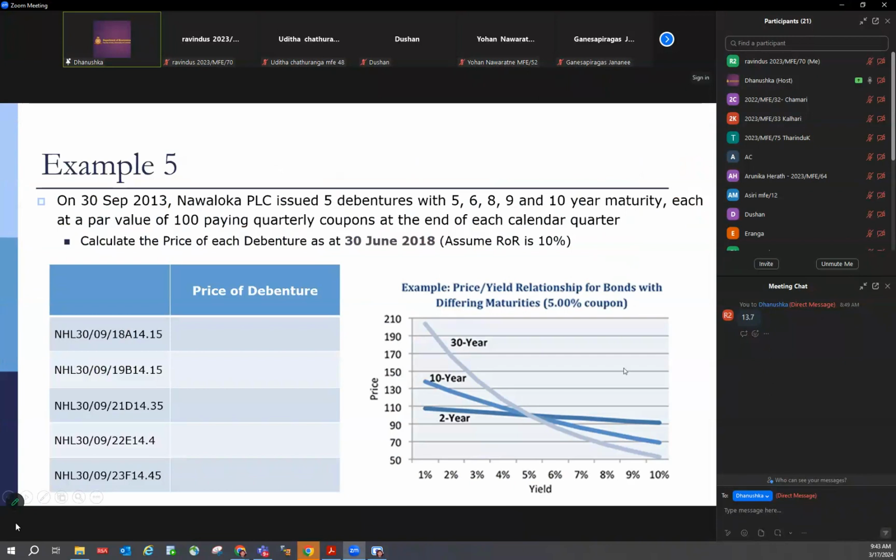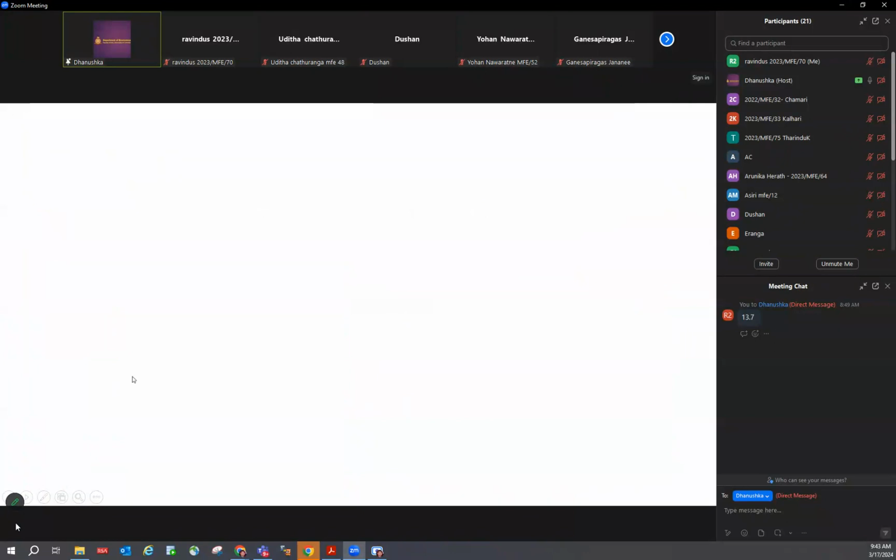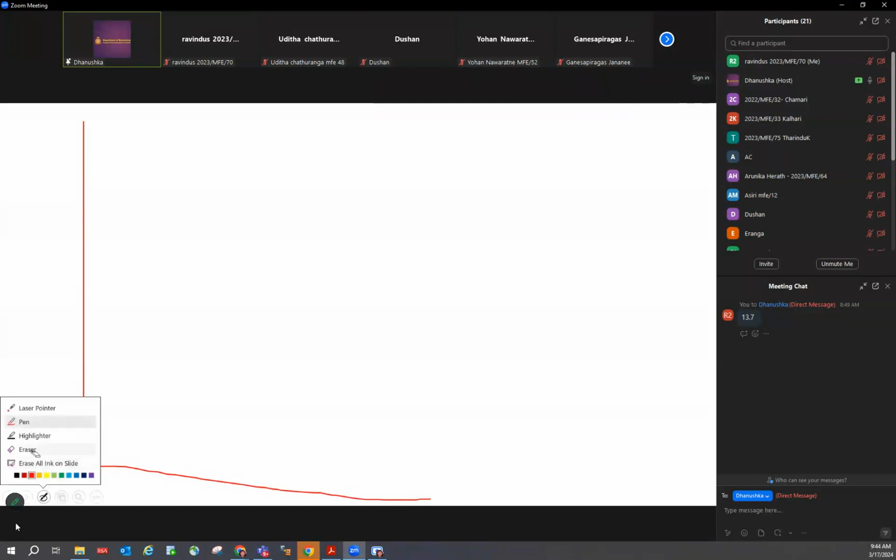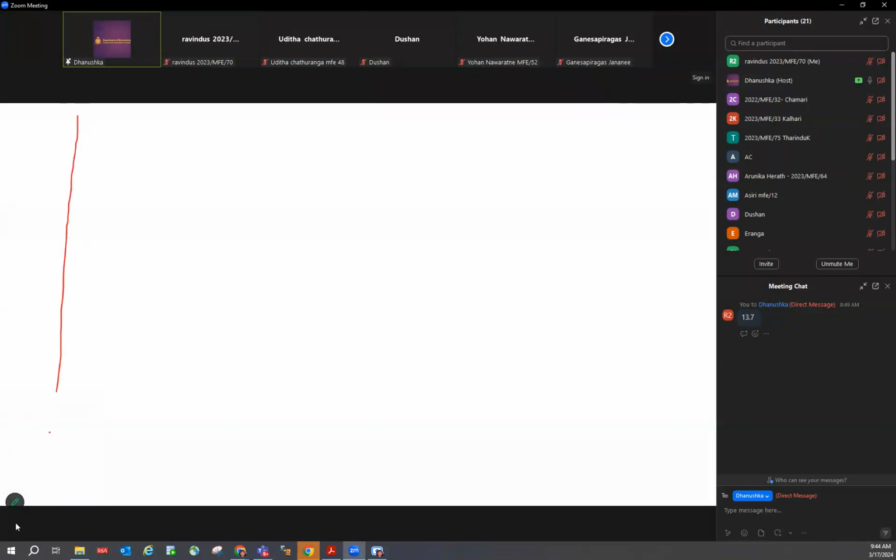So we show this through this graph, right? If you remember last time, we drew this graph and we said, when you draw a graph of prices against interest rates or yields, right?